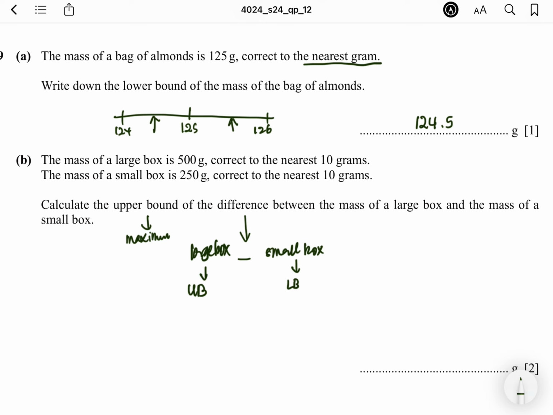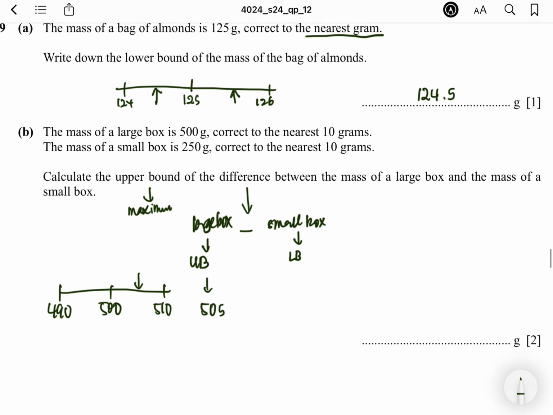Alright. Okay, so let's do our 510 grams. Artinya sini 510, sini 490. Kita ni mau upper bound. So upper bound is berapa? 505. Okay, lower bound of small box.